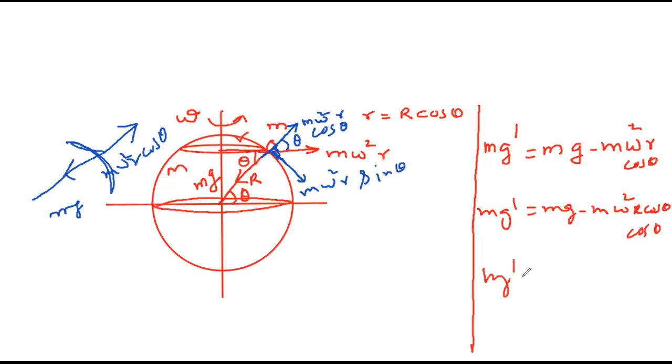So apparent weight is mg minus m omega square R cos square theta. Have you followed this concept? Now write down. I'm clearing everything. The diagram part, everybody has followed once again.